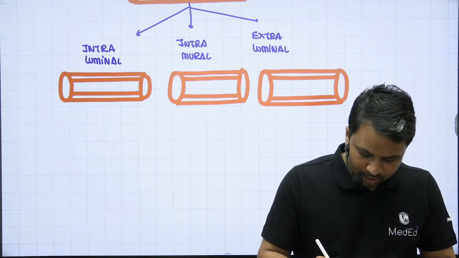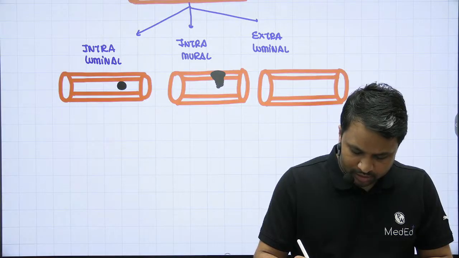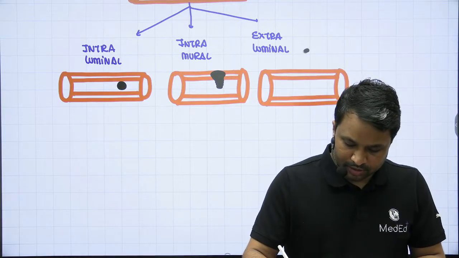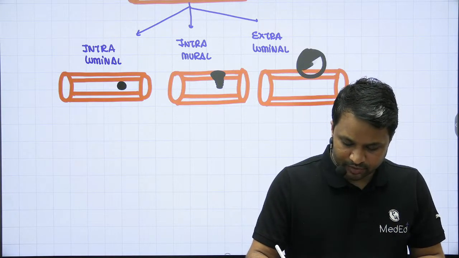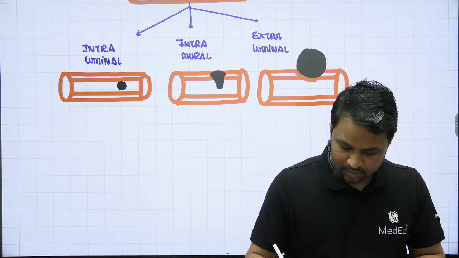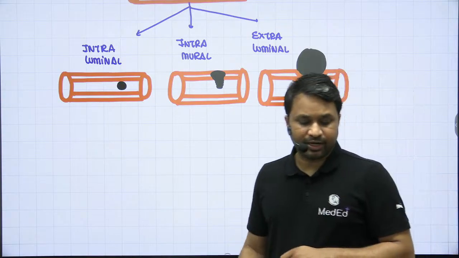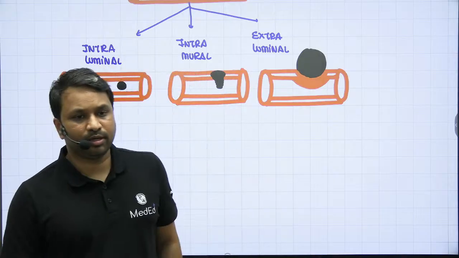Intraluminal, you see the obstruction is here. Intramural, it originates from the wall and then causes the obstruction. Extraluminal, something is exerting pressure from outside, and because of this the lumen is getting obliterated, right? So there are three varieties: intraluminal, intramural, and extraluminal.